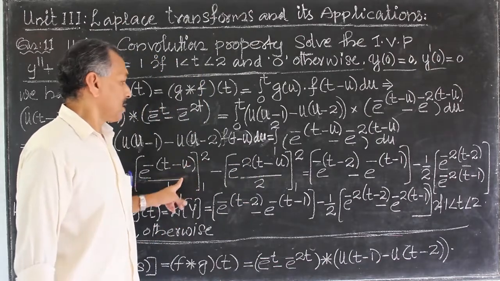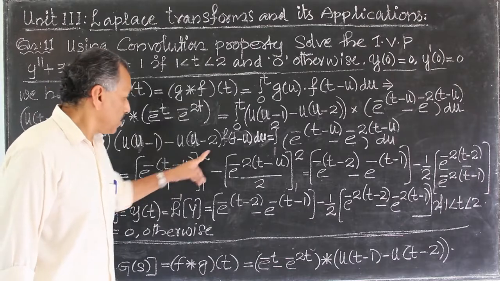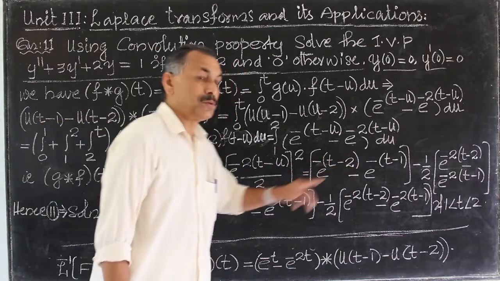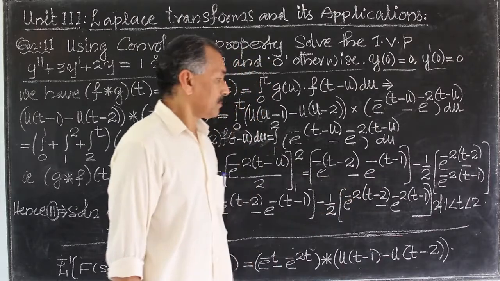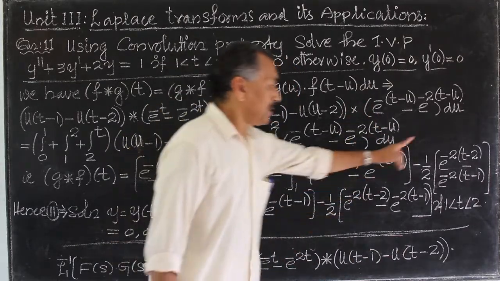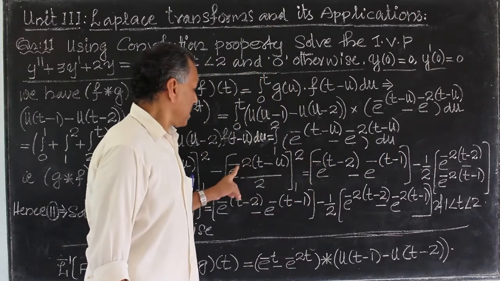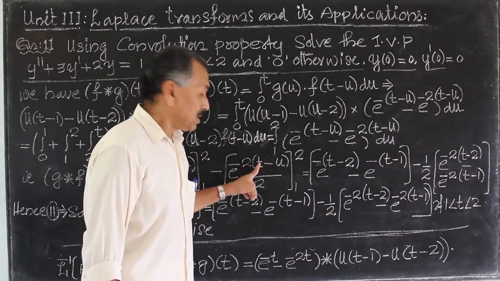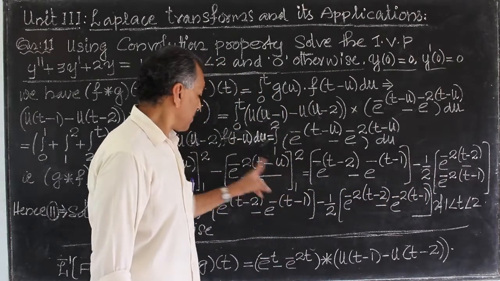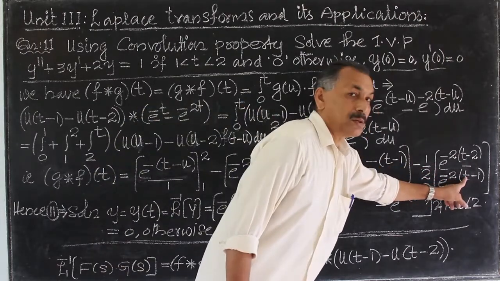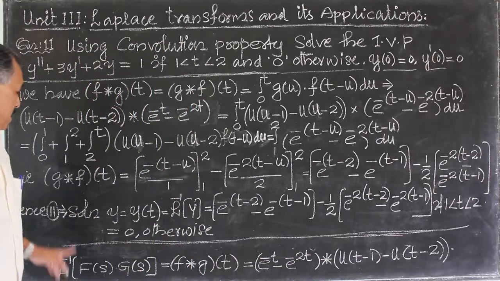Applying the upper limit 2: e raised to minus (t minus 2), minus the lower limit: e raised to minus (t minus 1), minus 1 by 2 into the upper limit: e raised to minus 2(t minus 2), minus the lower limit: e raised to minus 2(t minus 1).